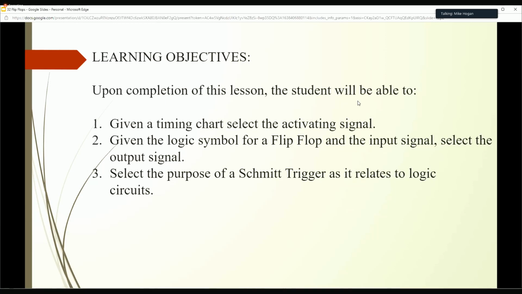And at the end, we'll see a Schmitt trigger, which takes a sine wave and turns it into a square wave. By the time we get there, we'll have a better understanding of why we need that device.